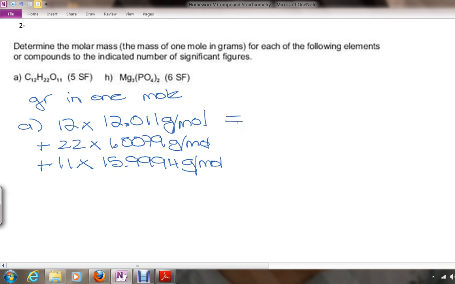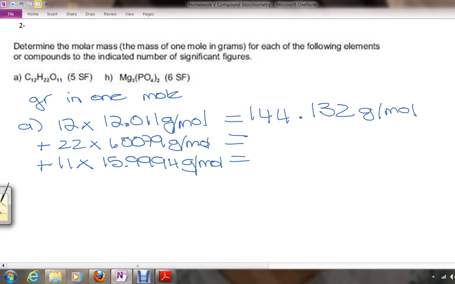And that is going to give you, for each one, 12 multiplied by 12.011, which gives me 144.132 grams per mole.